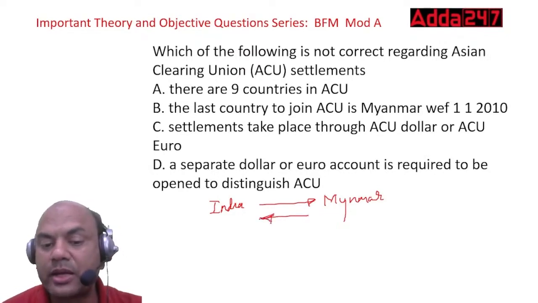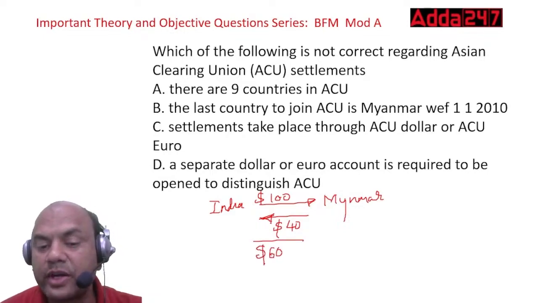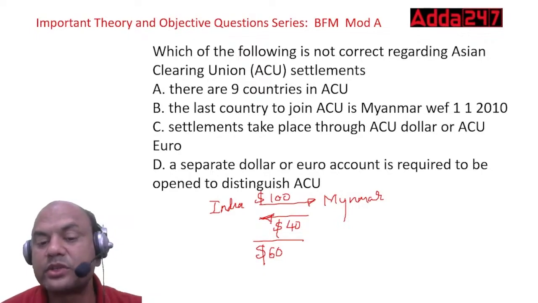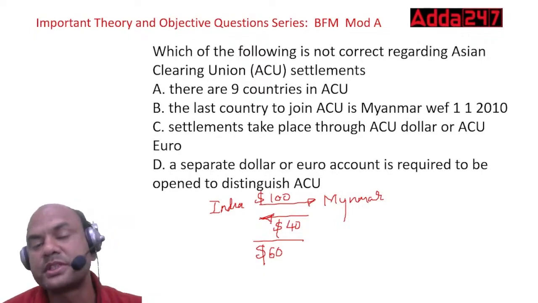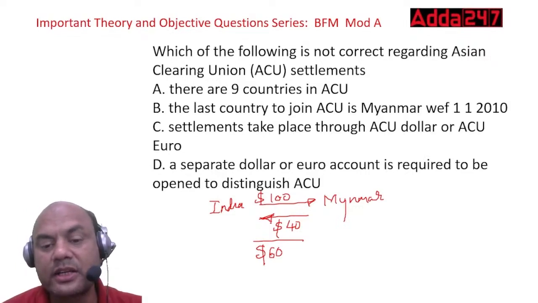India sells, let's say, $100 and Myanmar sells, let's say, $40. So the difference is $60, which is positive for India. That is known as ACU dollar. That is reported to the USA. So ACU dollar is not different. ACU dollar is a netting effect.